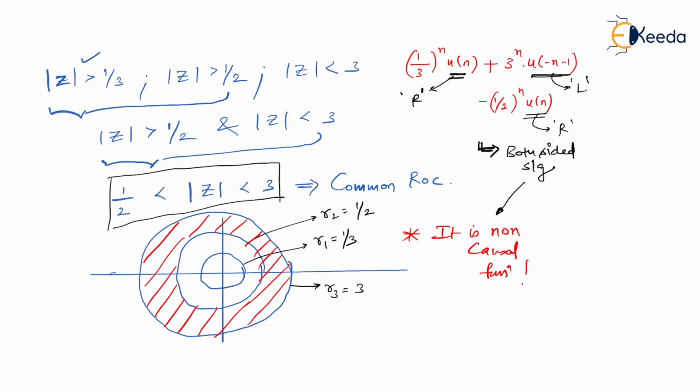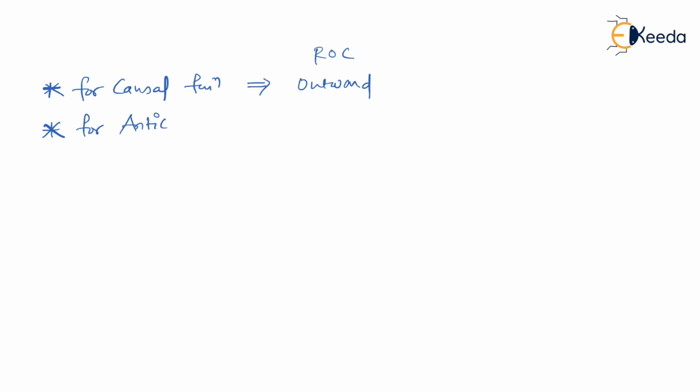Let me write the final conclusion, then I'll conclude this lecture. For a causal function, the ROC nature is outward, that is outside the circle. For an anti-causal function, the ROC is said to be inward.